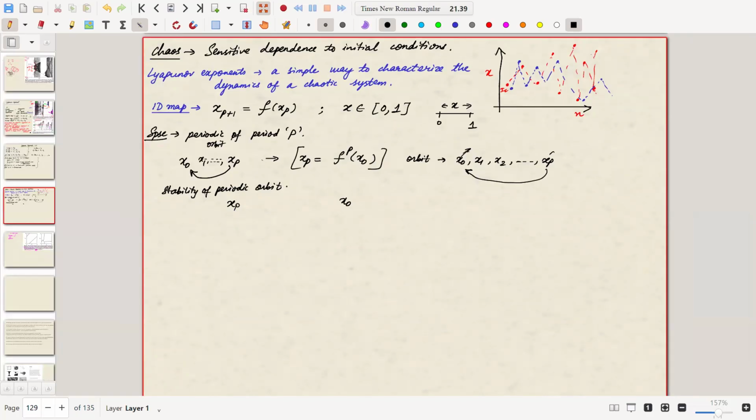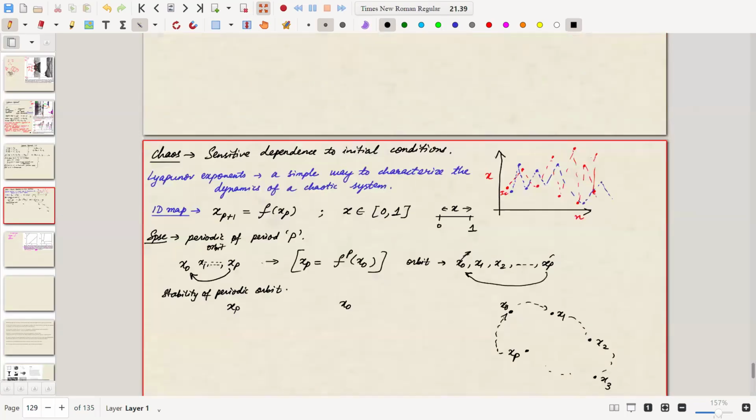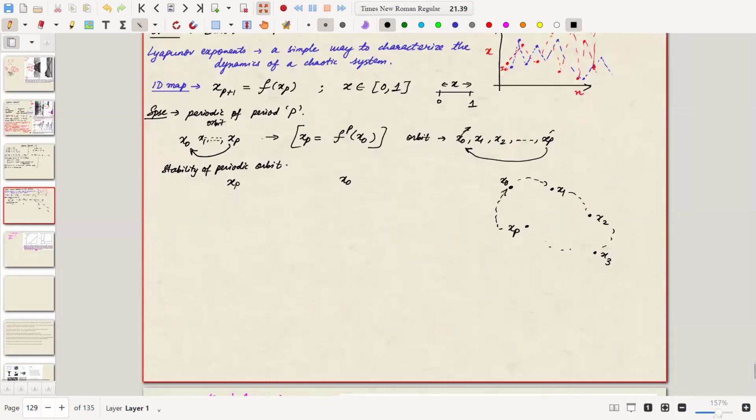I'll tell you this way. X naught, then you iterate the map, you land on x1, iterate the map x2, iterate the map x3, and so on. This is xp. If you iterate xp, then you return to x naught. That is a periodic orbit, right?